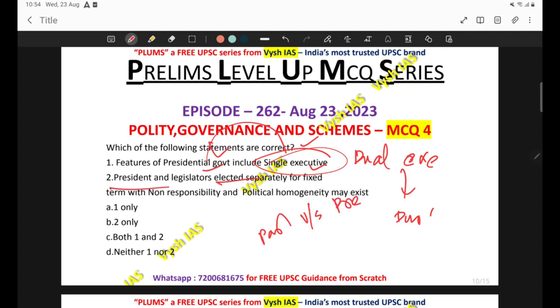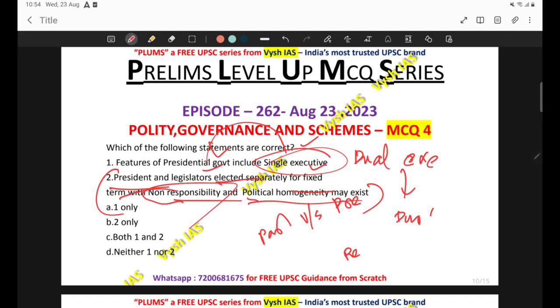President and legislatures elected separately for a fixed term, with non-responsibility and political homogeneity may also exist. Yes, this is also a feature of the presidential form. In a single statement, many features are given. Non-responsibility, yes. We know that the responsible form of government is the parliamentary form, so non-responsibility is presidential. If you know the one part, the opposite will be the other.